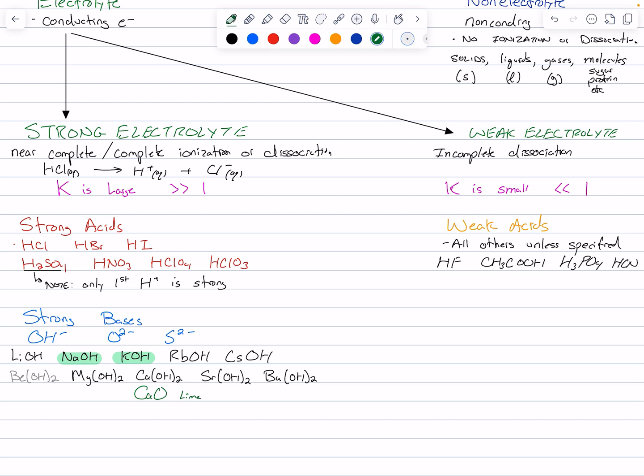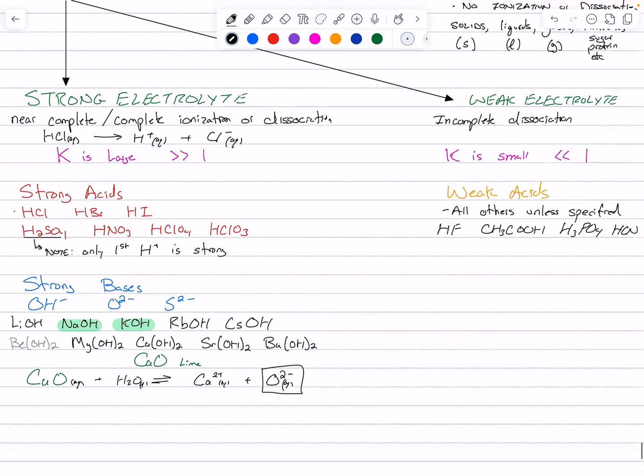Because it's oxides. So how does that work? Well, you have CaO, right? Plus water. Think of it as, right, when that O breaks up, you get Ca2+ and O2 minus, and this guy right here, right, proton acceptor.